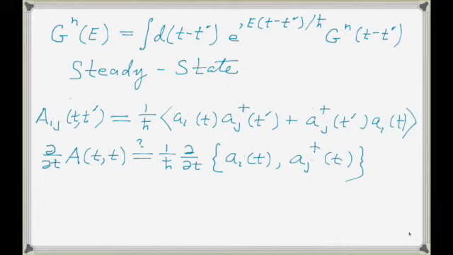You can evaluate that. It's delta ij. So what's d/dt of delta ij? It's 0. There's no time dependence to a Kronecker delta function. It's just delta ij. It's either 1 or 0. Not a function of time.